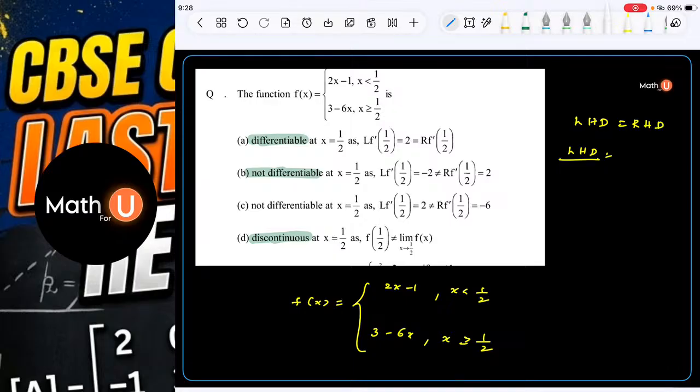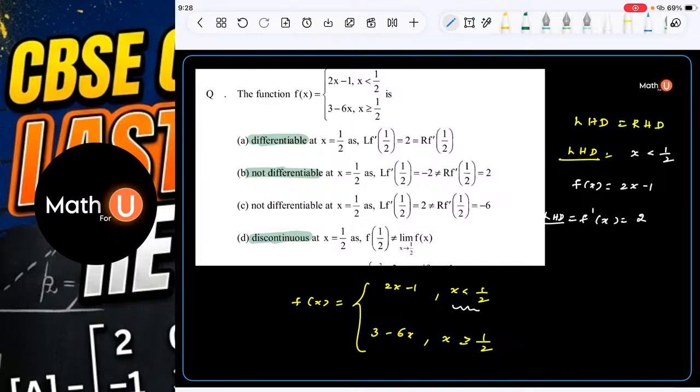See, this is the shortcut trick you should remember. For LHD you should consider the function for x less than 1 by 2. You consider that function, f of x equal to 2x minus 1. Differentiate this, f dash of x is equal to 2. This gives us the left hand derivative.